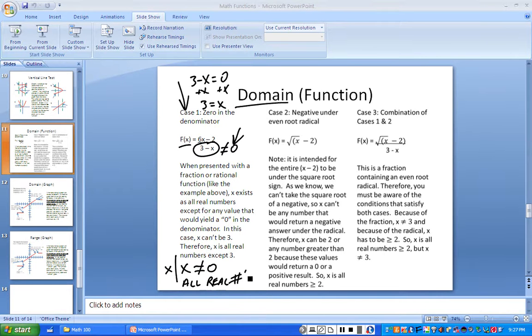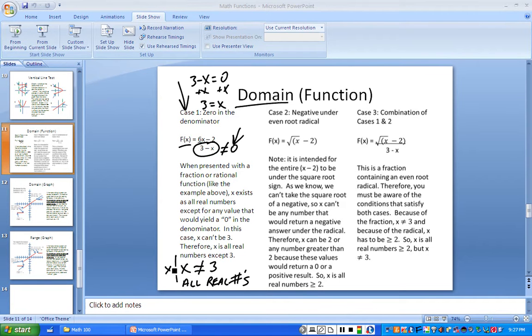Alright, x can be all real numbers, but I messed up right here. I didn't mean to write 0, I meant to write 3 right here, right? Because we said if x equals 3, that gives us a 0 in the denominator.